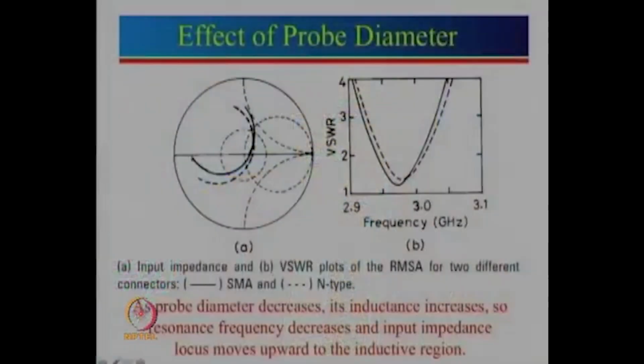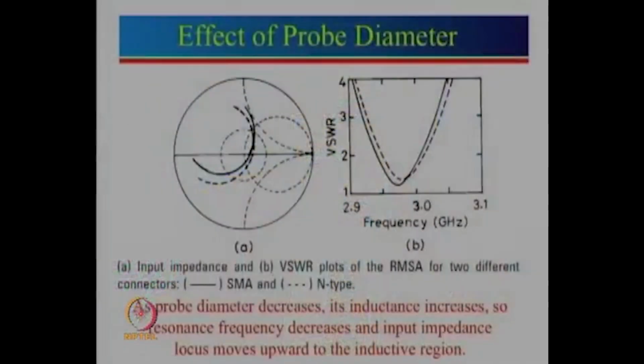However, to increase bandwidth, we need to increase height. So, somewhere there is a conflict, and that is why we always say the bandwidth of a microstrip antenna is limited to 1 to 5%. We will see several techniques in the next few lectures on how to increase the bandwidth, but now let us look at some other parameters also.